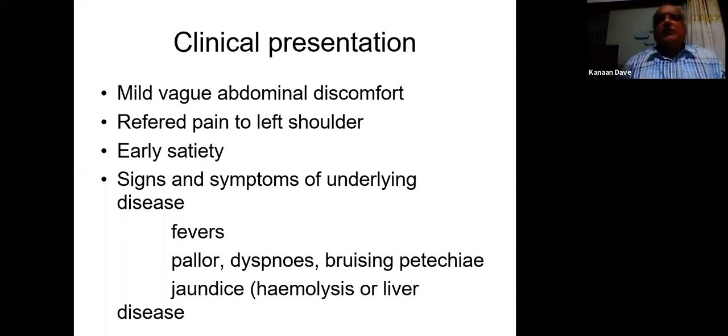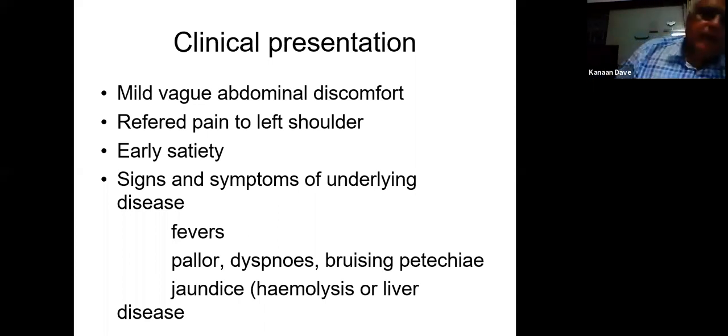So when you see a massively enlarged spleen, you do a full systemic examination and look for other signs. Fevers, pallor, dyspnea on exertion, that's in the history. Petechiae because of low platelets. When there is jaundice, you can think about autoimmune hemolytic anemia, or you can think about a liver disease with cirrhosis.